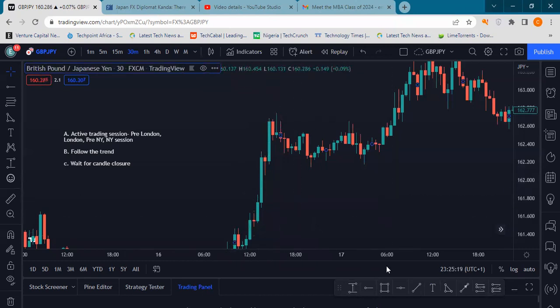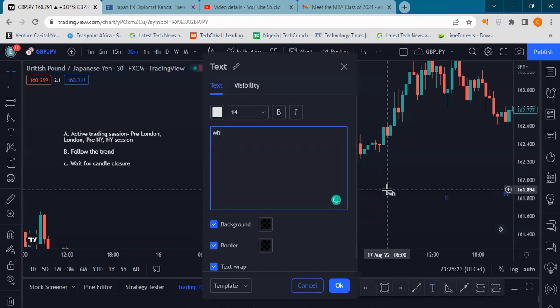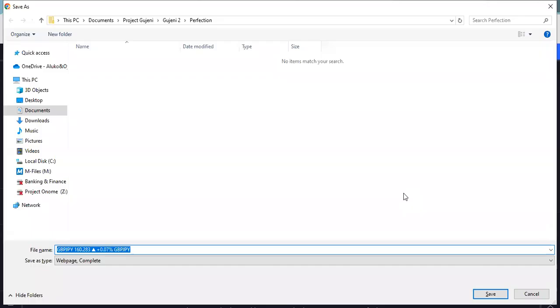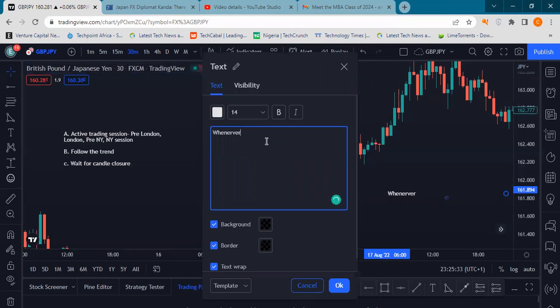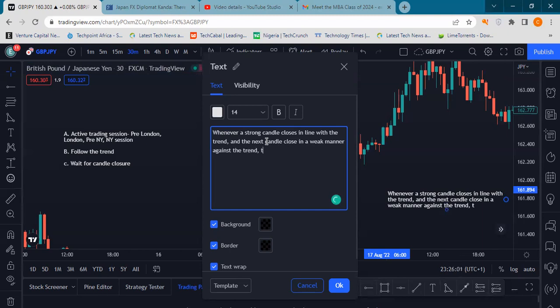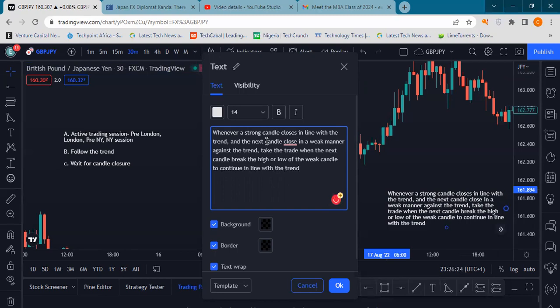So the principle is, whenever a strong candle closes in line with the trend and the next candle closes in a weak manner against the trend, take the trade when the next candle breaks the high or low of the weak candle to continue in line with the trend, right?